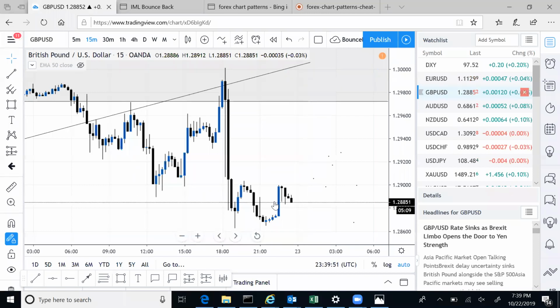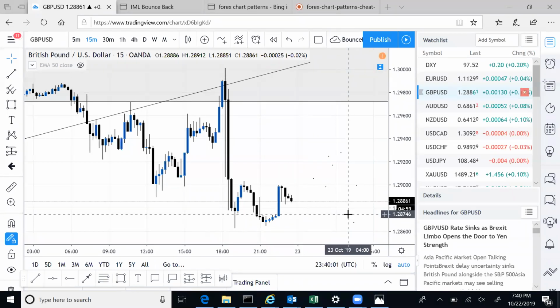All right, so the rest of the team, I want you to tell me what type of pattern we are forming on the M15 time frame. Everybody else, what type of pattern are we forming?